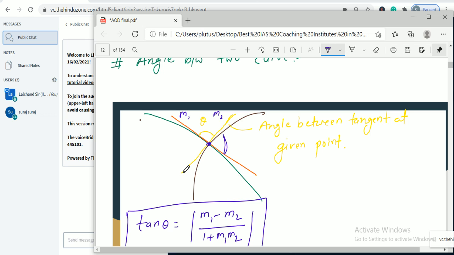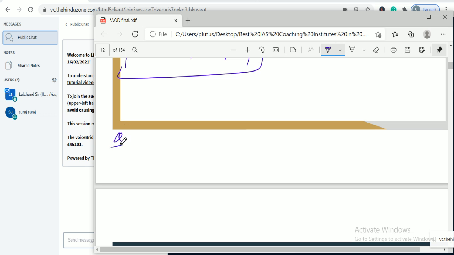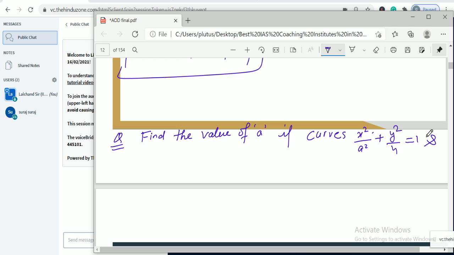You have to find the value of A. The question is: find the value of A if the curves x²/A² + y²/4 = 1 and y³ = 16x cut orthogonally.